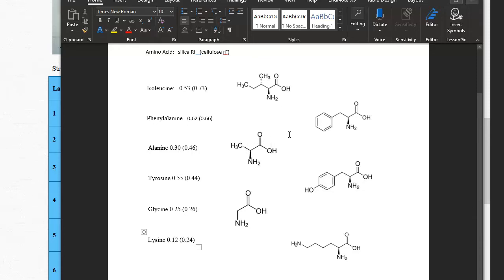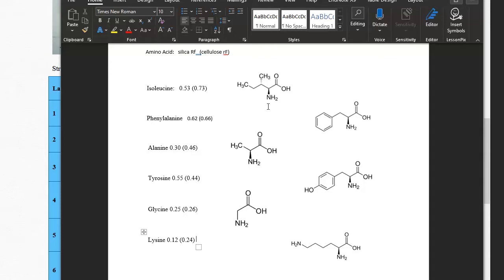And then one final thing to note is this is not the best representation of these amino acids. So when you're asked to draw the amino acids, do not draw these structures. And the reason why is because in this experiment, we're running the plate under acidic conditions. So we have acetic acid, and then we're spotting these in hydrochloric acid when we run the experiment.